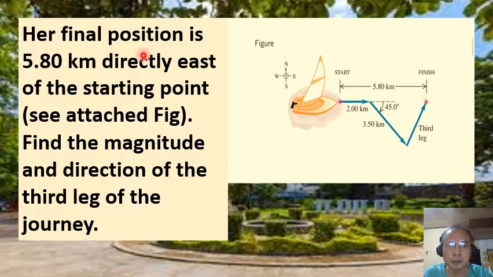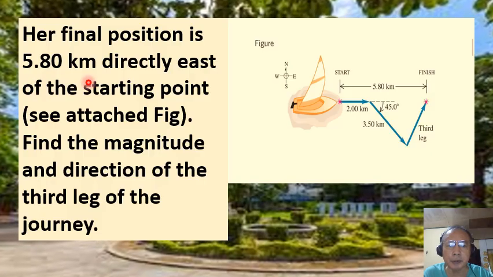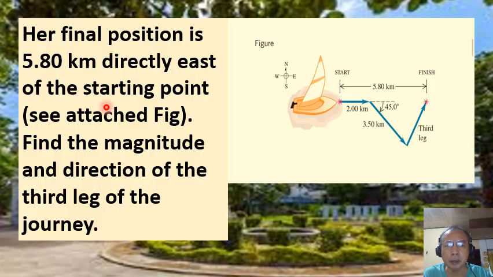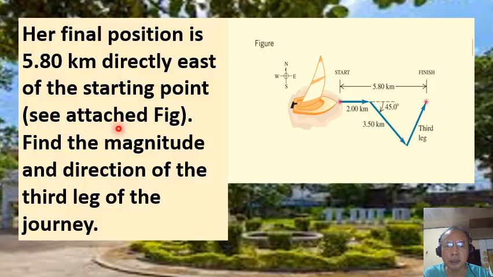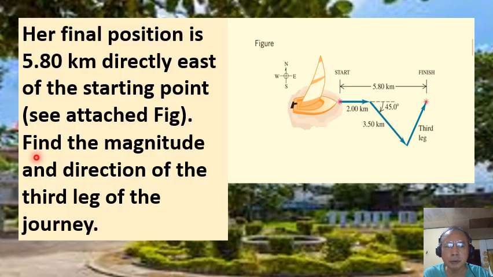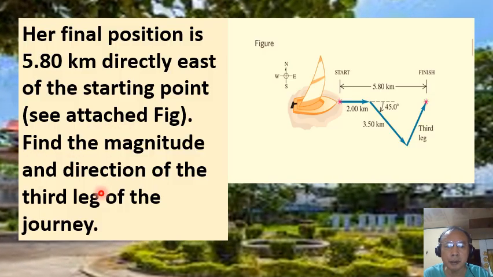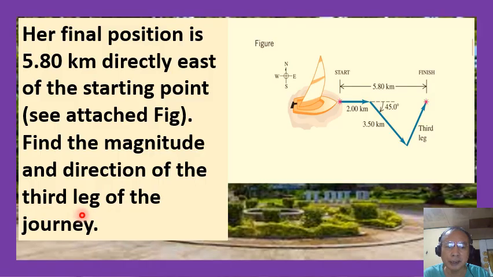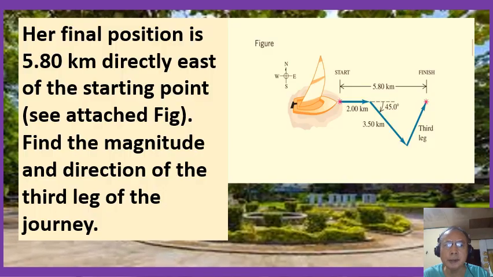Her final position is 5.80 kilometers directly east of the starting point. See the attached figure. Find the magnitude and direction of the third leg of the journey.